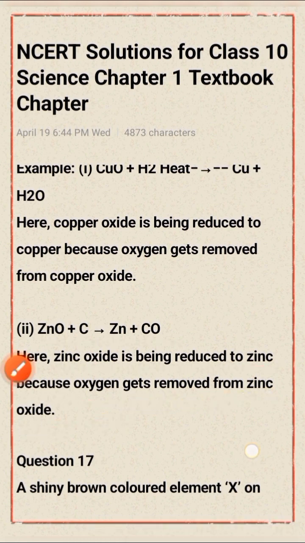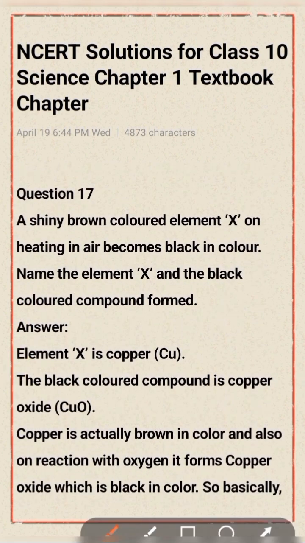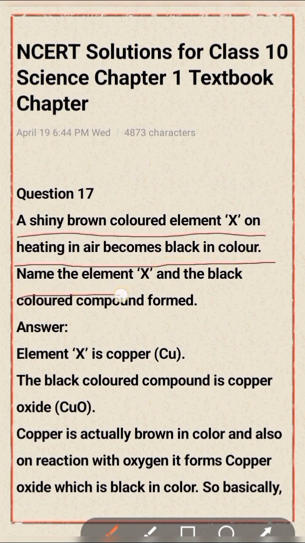Okay, my dear viewers. Next question, question number 17. A shiny brown colored element X on heating in air becomes black in color. Name the element X and the black colored compound formed. That is, X is copper. The black colored compound is copper oxide, CuO.